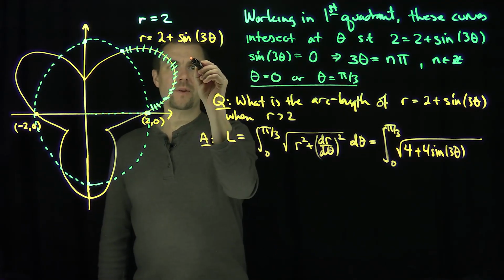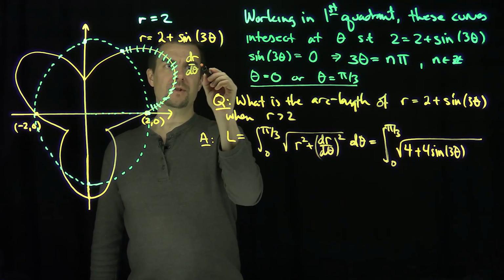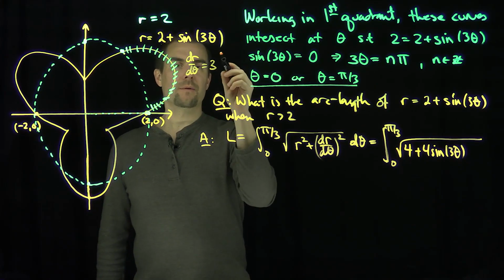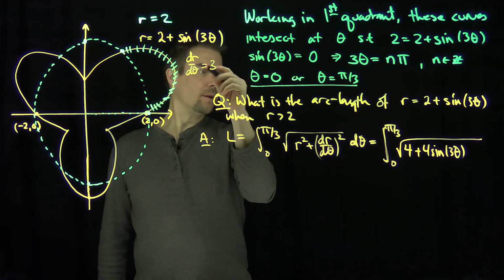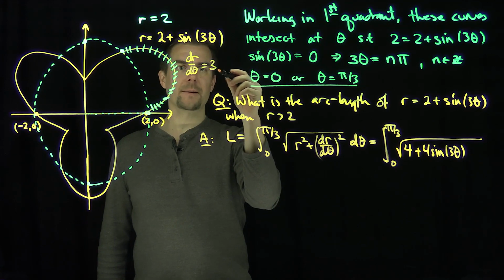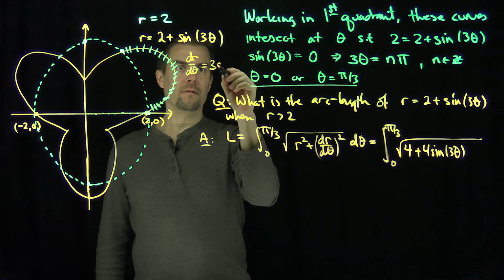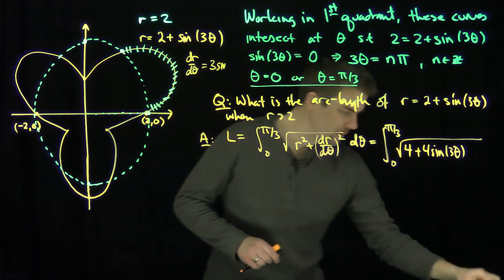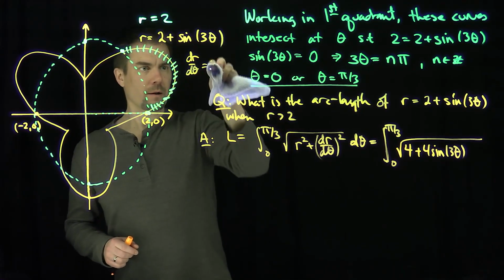Then I'm going to have to do the derivative, so let's find what dr d theta is for this problem. It's going to be 3 cosine of 3 theta.